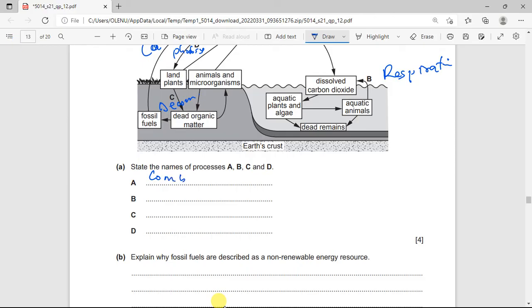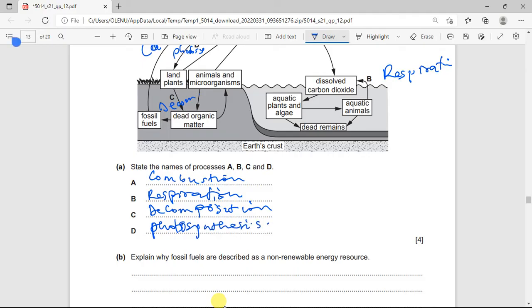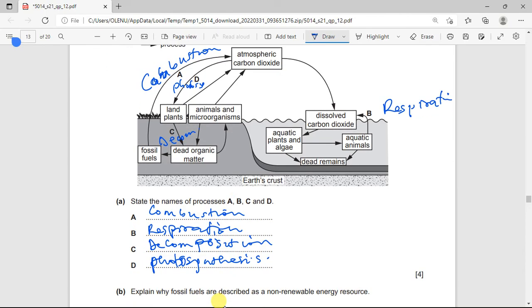Combustion, respiration, and C is decomposition, and D is photosynthesis. Should I explain this in full? I think it's quite straightforward.